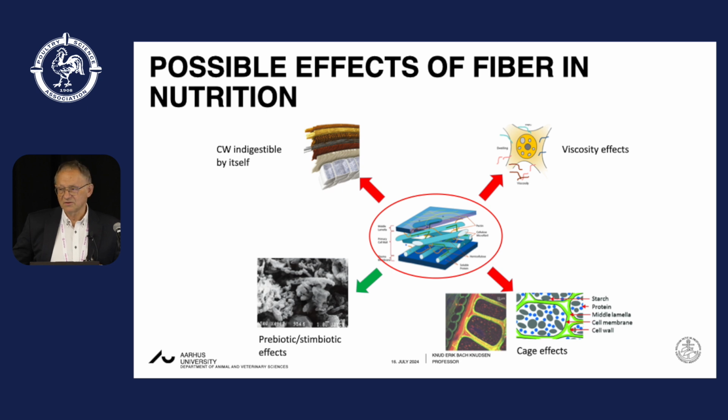They are surrounded by a cell wall that is very rigid and very difficult to degrade, thereby withholding the nutrients. The same is the case in many cases for cell walls coming from legumes.